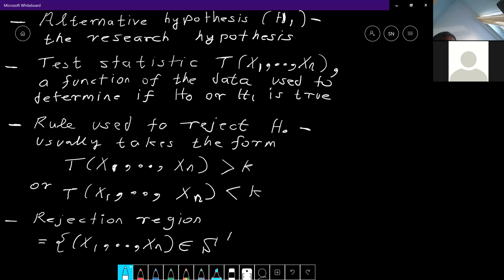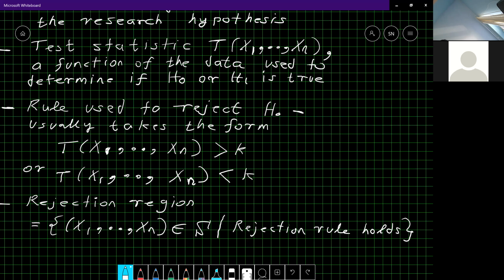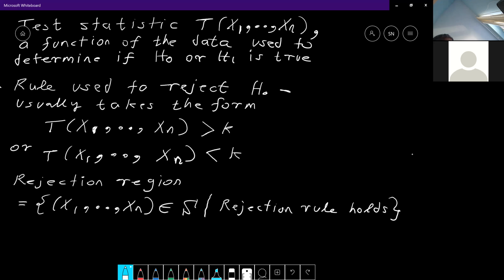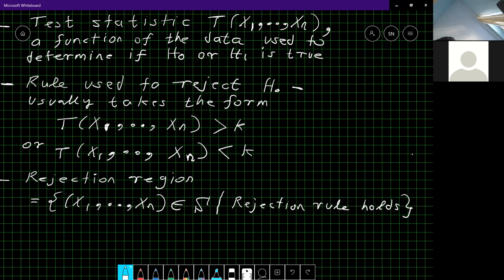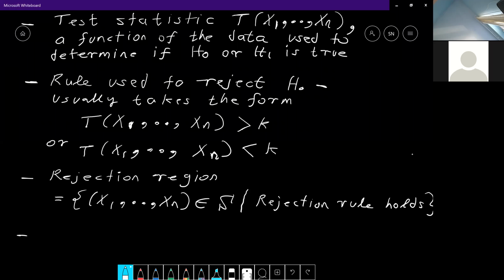So this is the rejection region, and that's number five. And finally number six is the opposite of rejection region, which is the acceptance region.